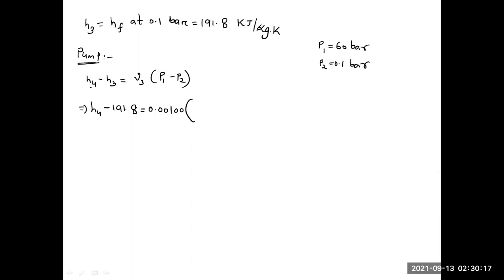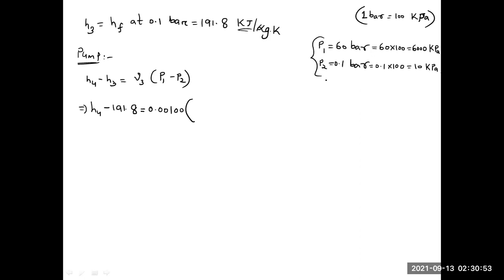But you can see these H3, H4 values are in kilojoules, so this bar also we have to convert into kilopascal. 1 bar equal to 100 kilopascal. So 60 bar means 60 into 100, that is equal to 6000 kilopascal, and 0.1 bar means 0.1 into 100, that is equal to 10 kilopascal.